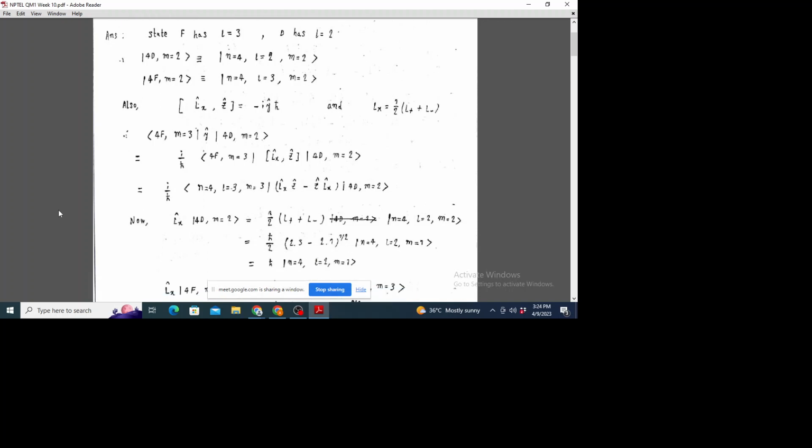Okay, so yeah. Now, doing nothing but expanding the commutator.